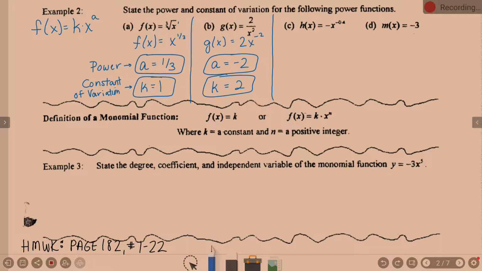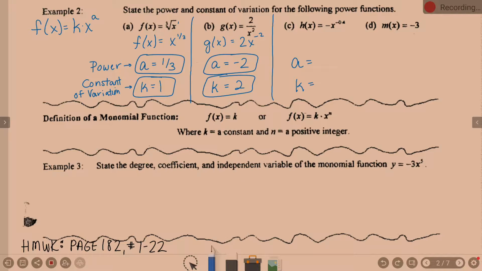C, h of x equals negative x to the negative 4/10. Is there any rewrite we need to do on this one? No, it's already in that k times x to the a form. So I just need to know what a and k are.